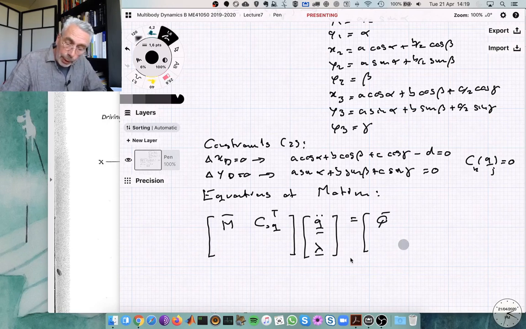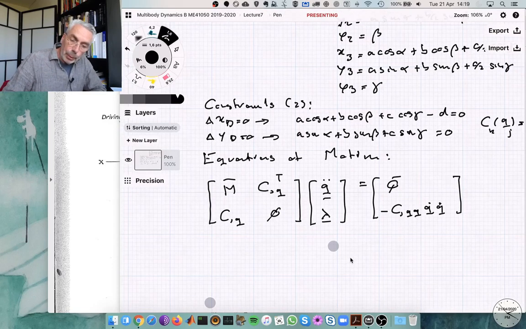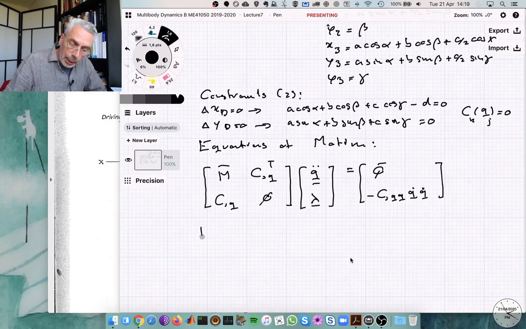And then of course we have the constraint equation, these, but then differentiated twice. So C_Q, Jacobian times this acceleration, here we have all zeros. And then here we have minus C_QQ Q dot Q dot, those convective terms. And now to complete, of course, what is this M bar?